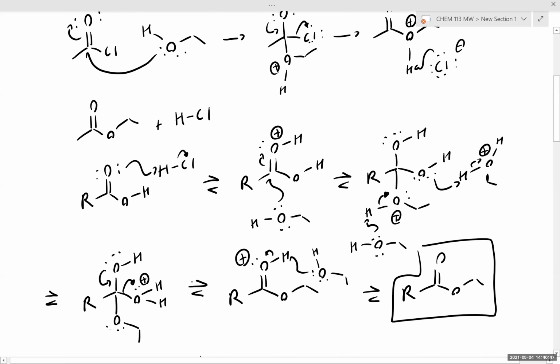Finally, we kick out water, and as a cleanup step, we deprotonate our ester to give us our final Fischer esterification product. In this case, the equilibrium favors the product because we're using an excess of ethanol.